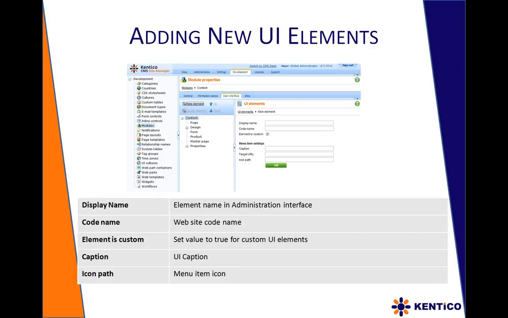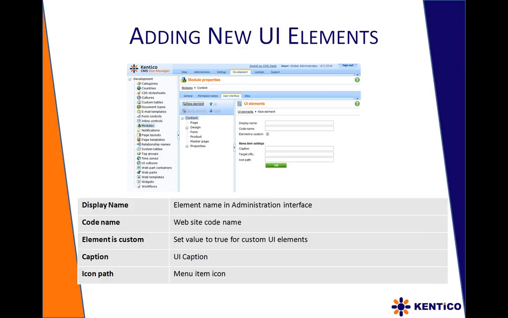And then icon path. And icon path is really only for menu items. And it's designed to set the icon that's displayed next to the element caption. So like the target URL, you can use the full relative path beginning with the tilde, so ~/App_Themes, or the short path that will lead directly under the images folder.